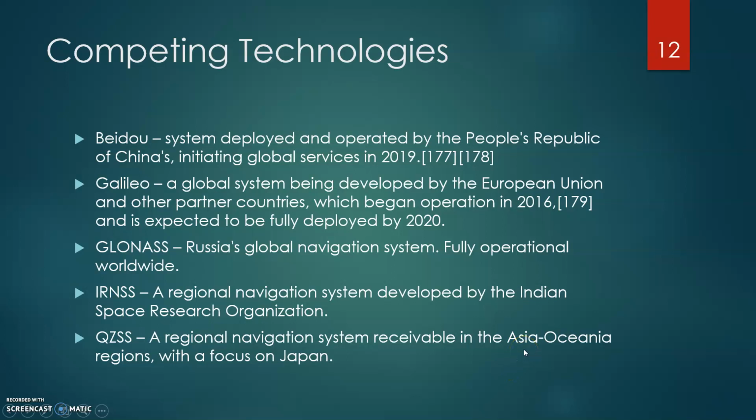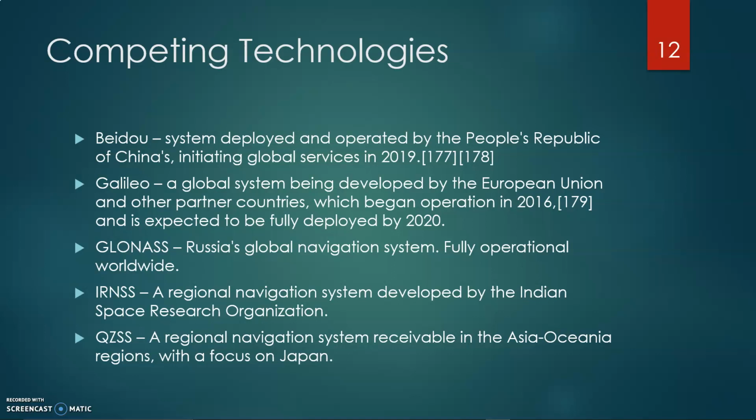Some of the competing technologies existing worldwide are Beidou, a system developed and operated by the People's Republic of China, initiating global services in 2019. Galileo, a global positioning system developed by the European Union and other partner countries, which began operation in 2016 and is expected to be fully deployed by 2020.